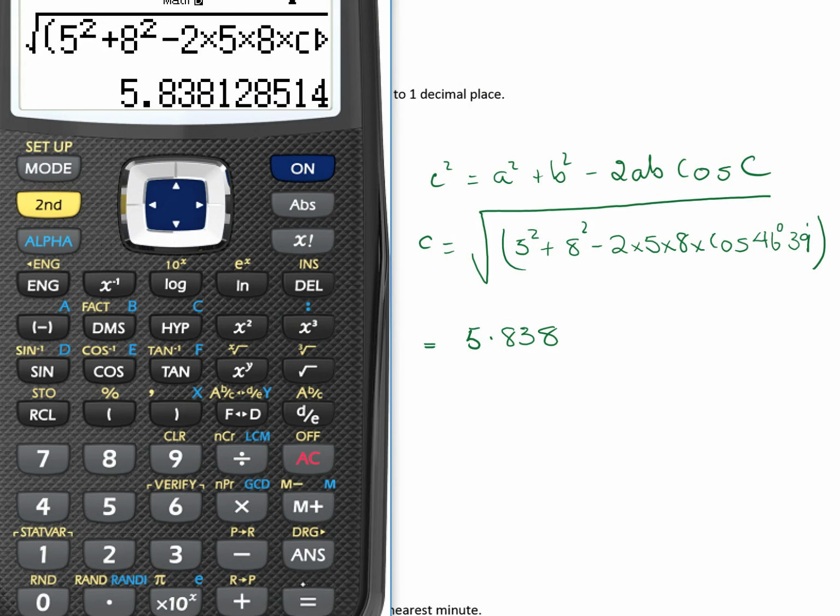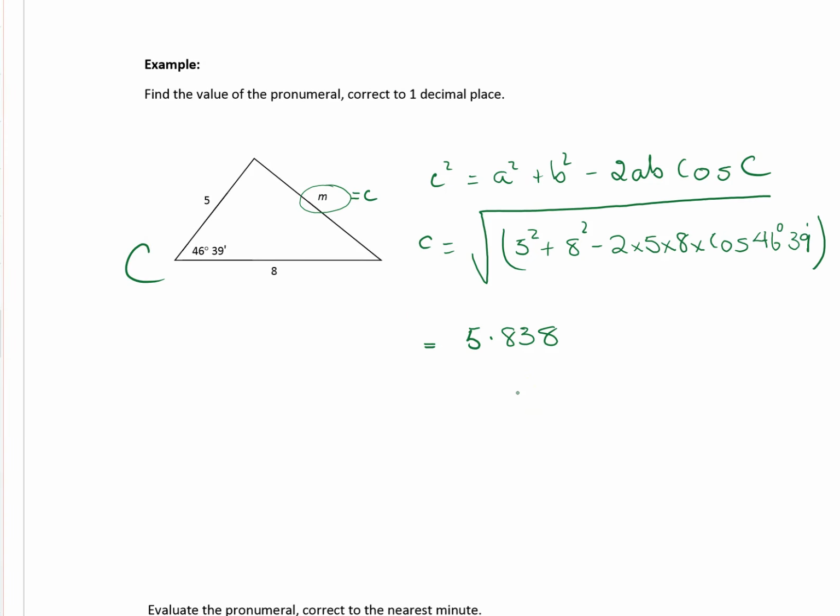And equals again, 5.838. We'd be happy with that answer. It's in the ballpark of the other two sides, a 5 and an 8. That's probably about all I need to say about that.